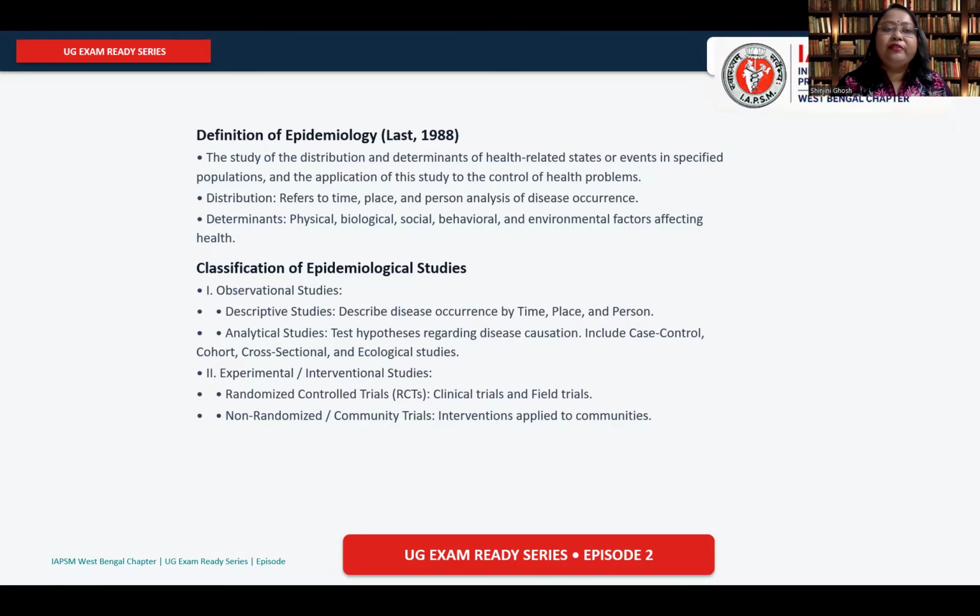So here you will give the definition of epidemiology, and for classification, all of us know: observational studies and experimental studies, in which we get the two divisions, descriptive and analytical, and randomized control trial and non-randomized control trials.